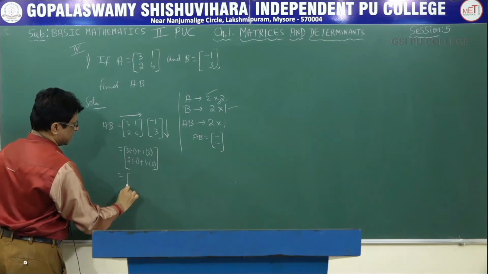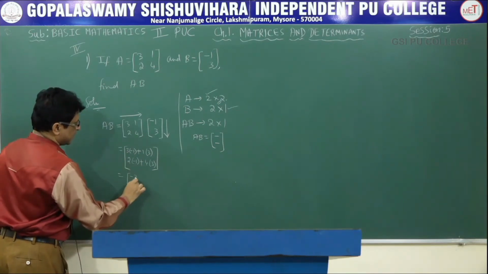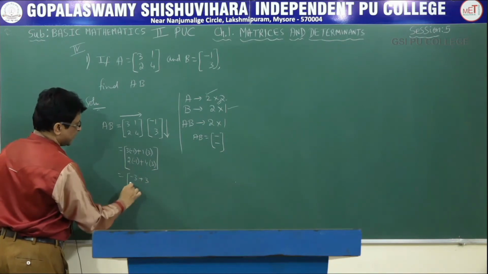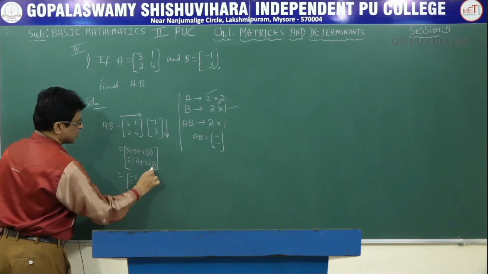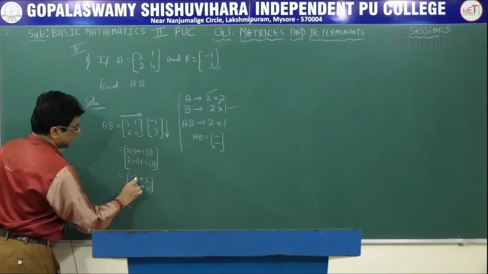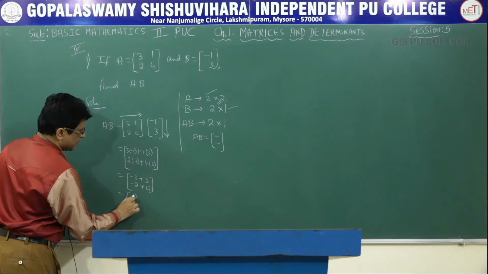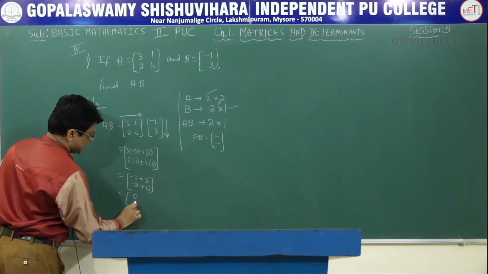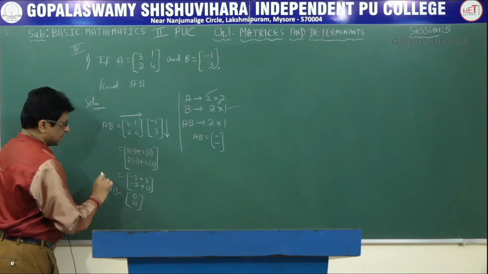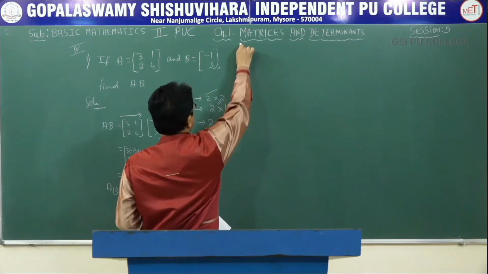So that will be equal to 3 into -1 is -3 plus 3, 1 into 3 is 3. 2 into -1 is -2 plus 4 3s are 12. So -3 plus 3 is 0, -2 plus 12 is 10. So this is the matrix AB.